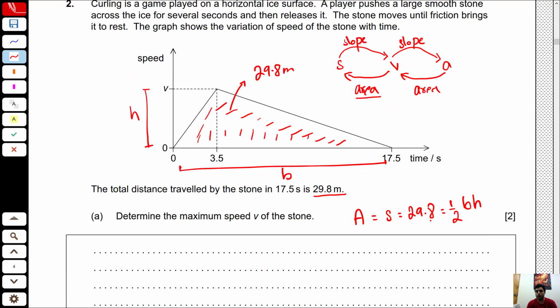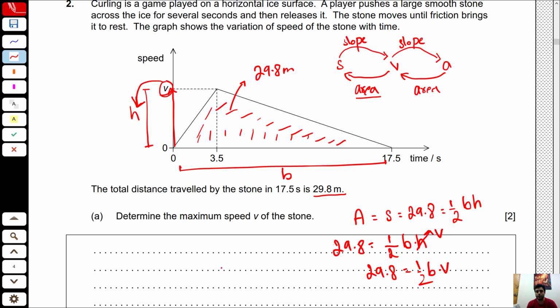Now because this height can be replaced by v, because this represents v, which is just the height, we have 29.8 equals half b times v.